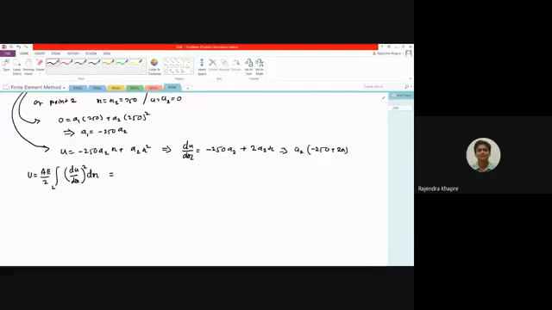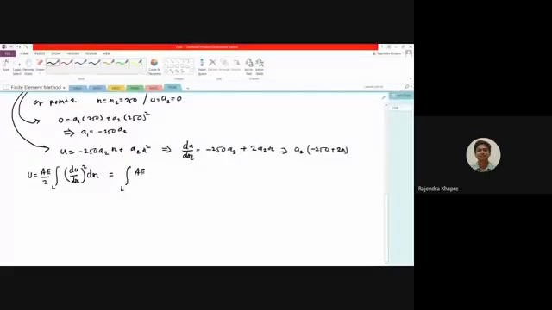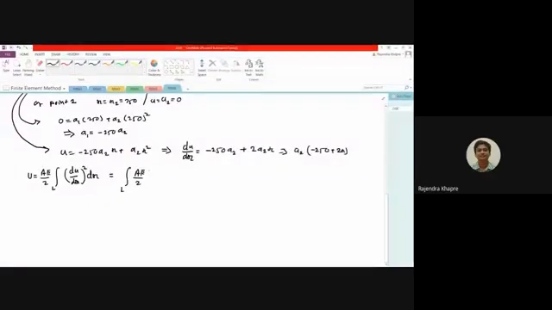While deriving the expression for the strain energy, we assumed the value of AE was not changing throughout the length. Ideally, if you remember, initially this A into E divided by 2 was inside the integral, but since it is constant, we have taken it outside.